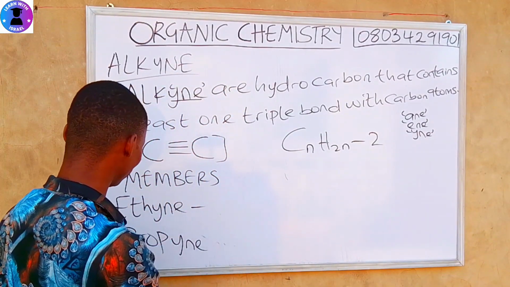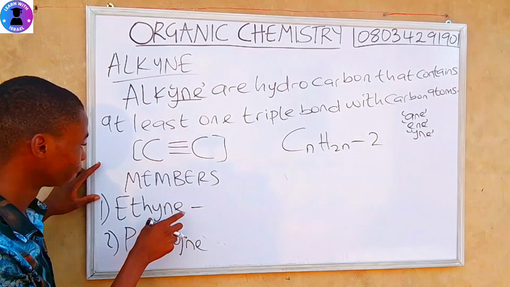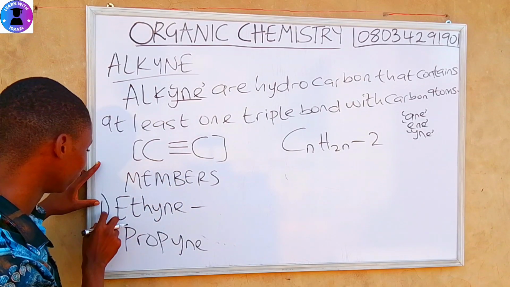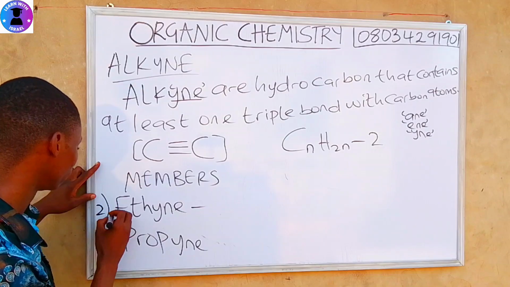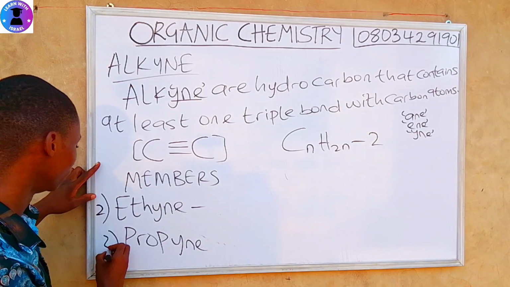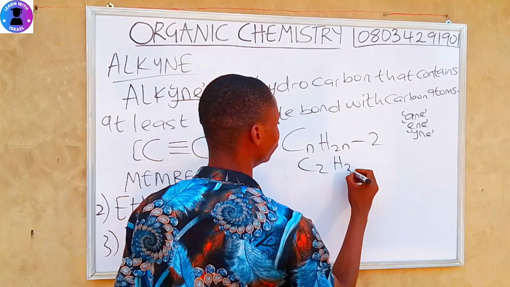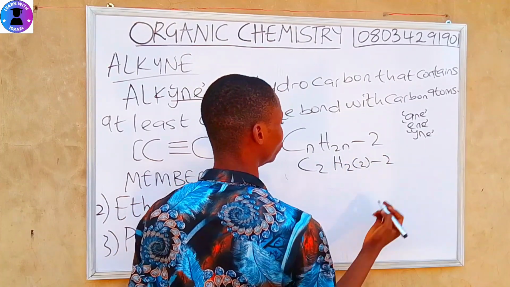So let's input. The first member for alkyne is ethyne, which is starting from 2 carbons. So let's bring 2 here. So C2, H2 into bracket 2 minus 2.